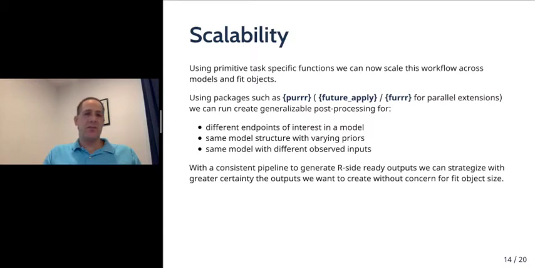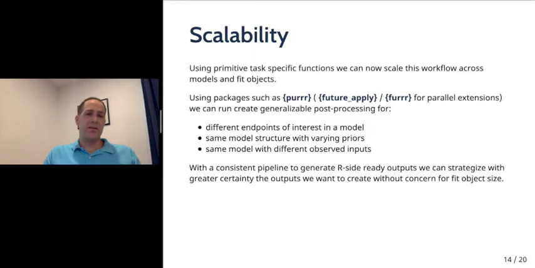So using this kind of primitive bundled function, we can scale this across models of fit objects. So let's say you have different endpoints of interest in the model, or the same model structure by priors or different hierarchies, or the same model with different observed inputs. You can use packages such as purrr or furrr to utilize different parallel extensions.